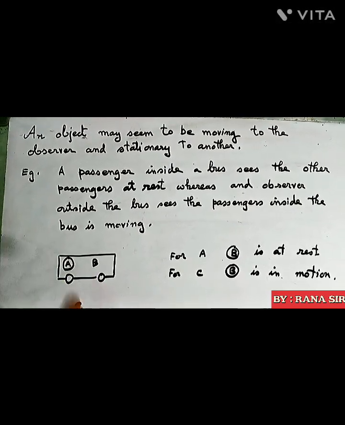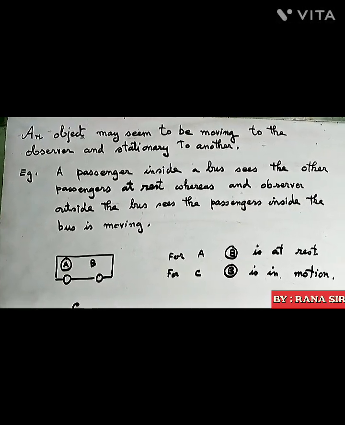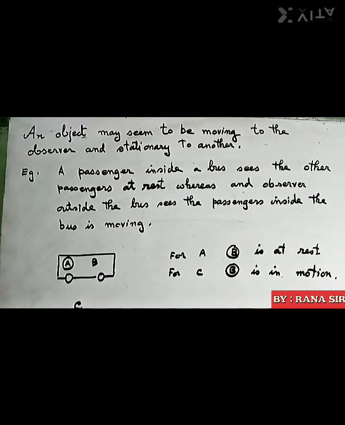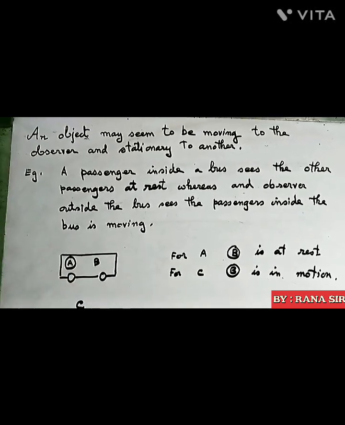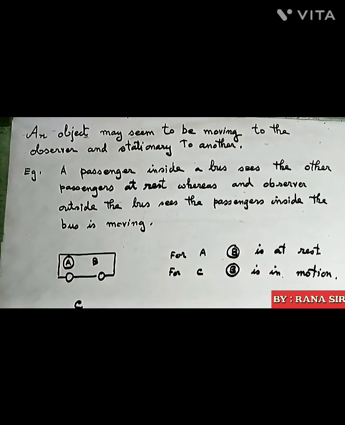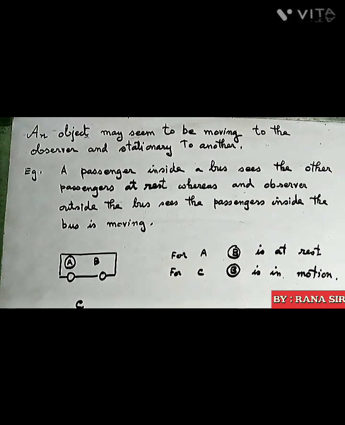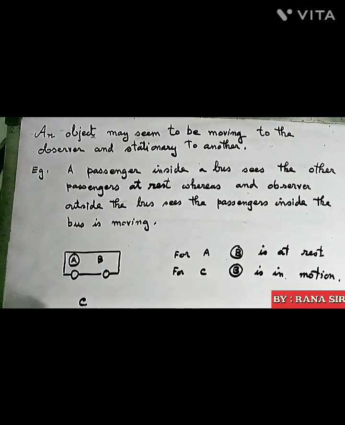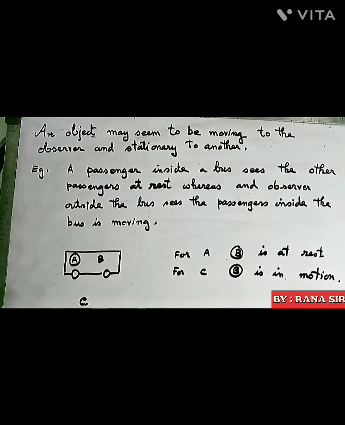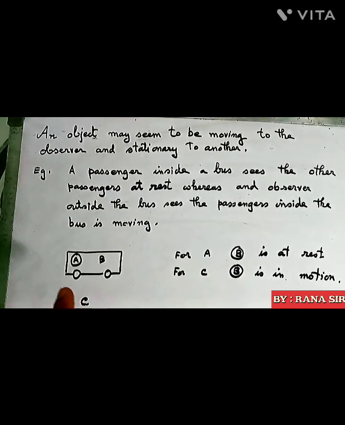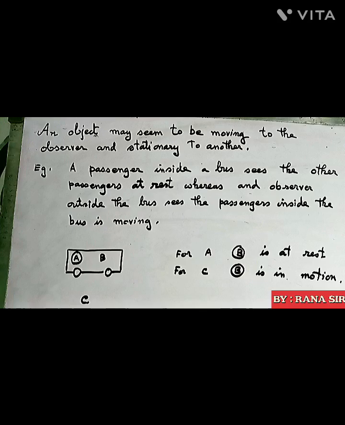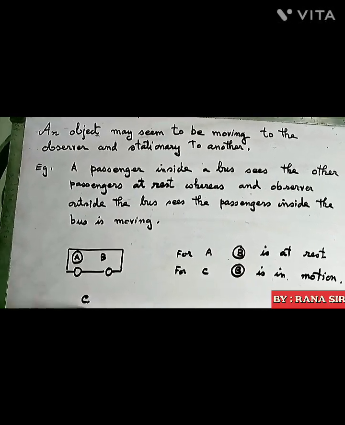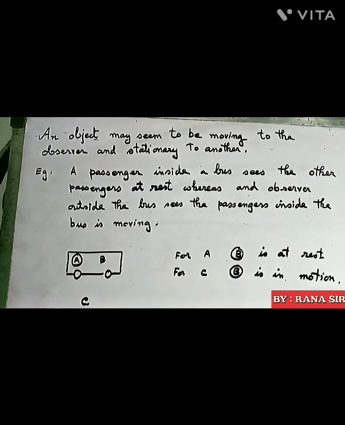Suppose A and B are two passengers inside the bus. For A, B is at rest. He is sitting inside the bus, he is not moving. But if the observer is C, for C, the entire bus with the passengers inside is moving. So for C, B is not at rest but in motion.